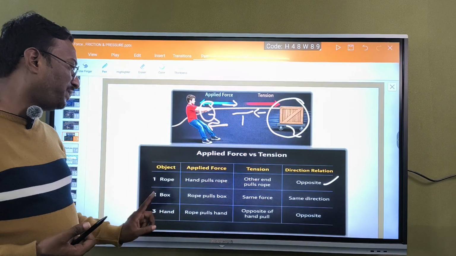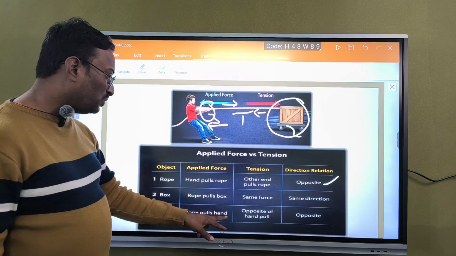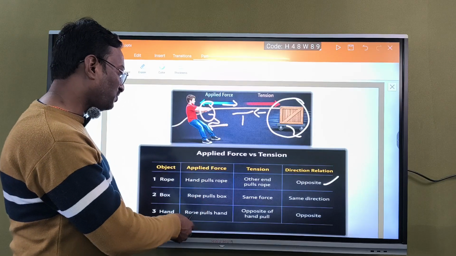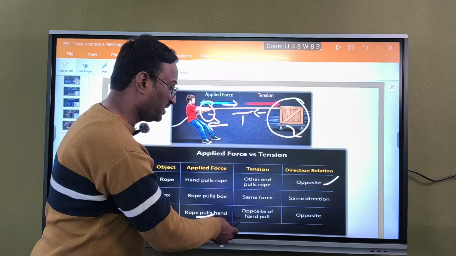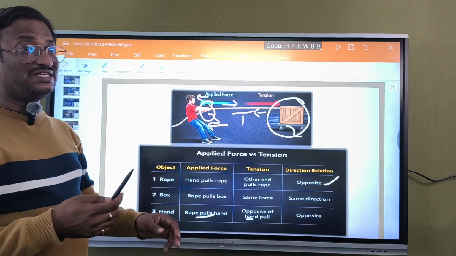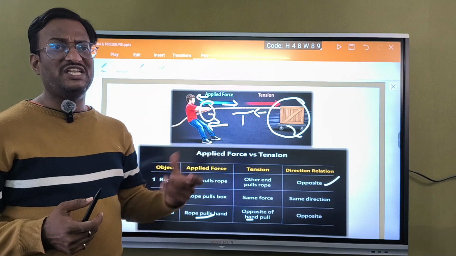In the case of the rope, hand now. Third one: the rope pulls the hand. So the applied force is the rope pulling the hand, opposite of the hand pulling. The hand is pulling in this direction, and the rope pulls back, because inside the rope there exists what is known as tension. Tension is going to be created.